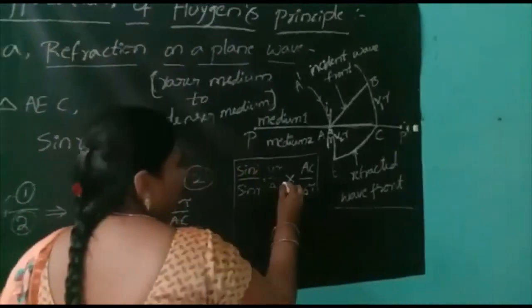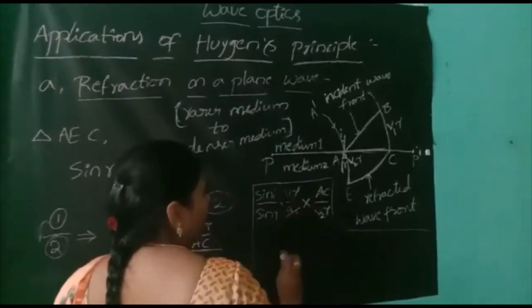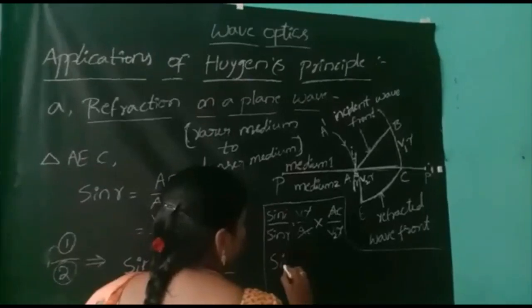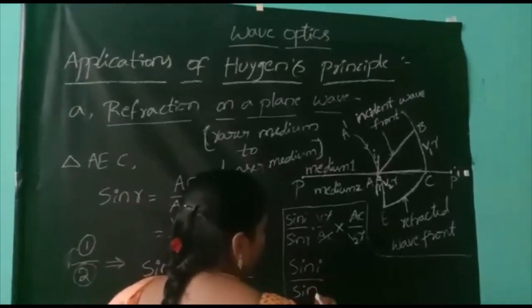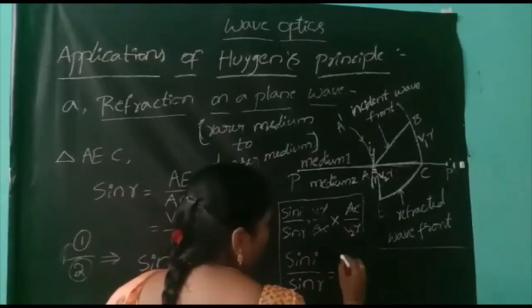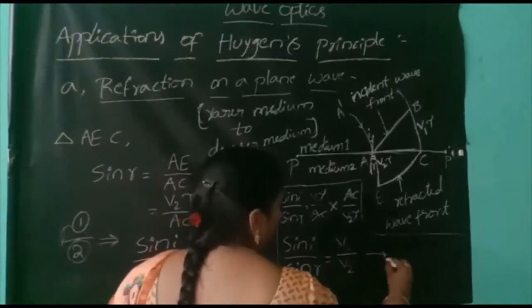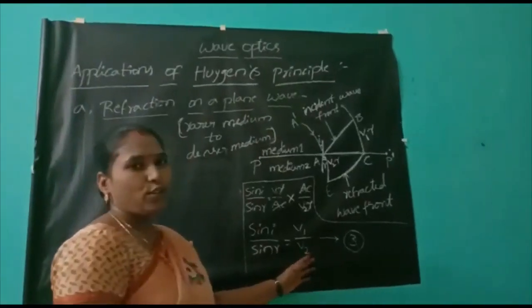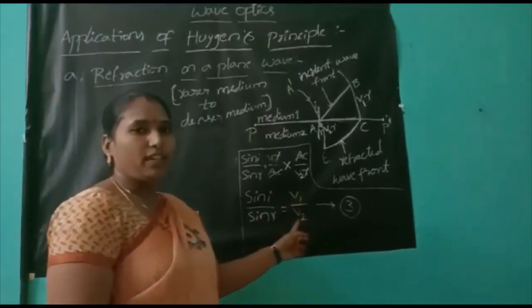Here the AC term and the torque term cancel. Sin I by sin R is equal to V1 by V2. This is called equation number 3. Simplify these equations by assuming the condition. We got sin I by sin R is equal to V1 by V2.